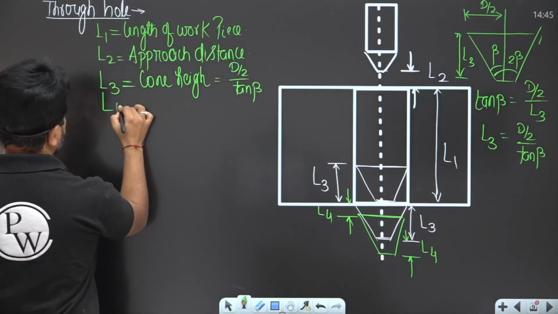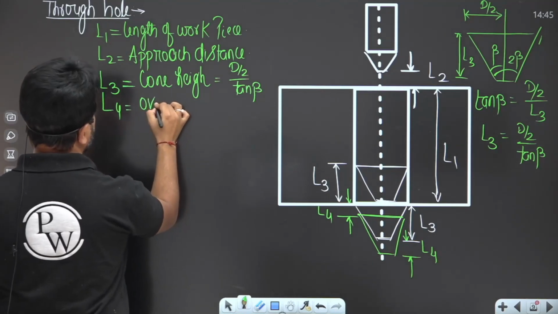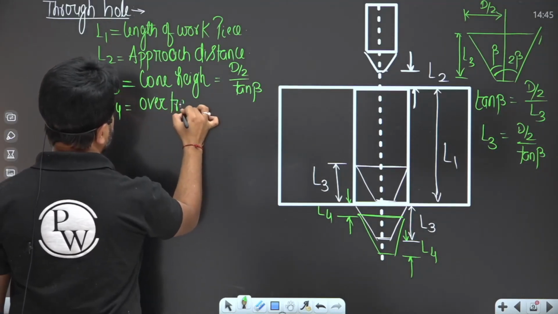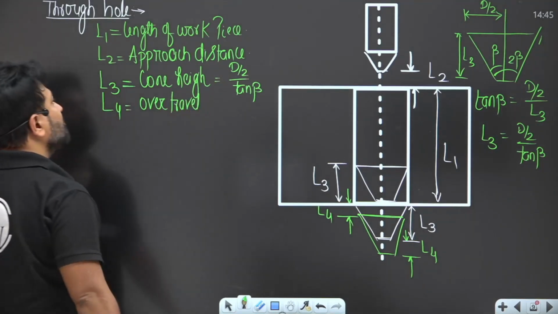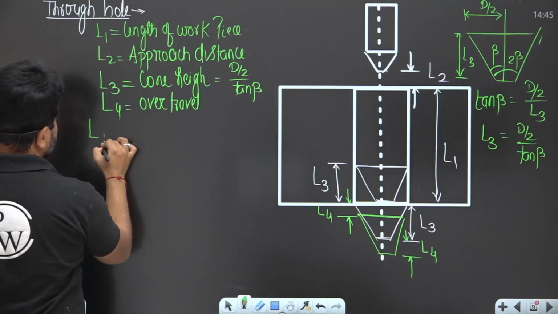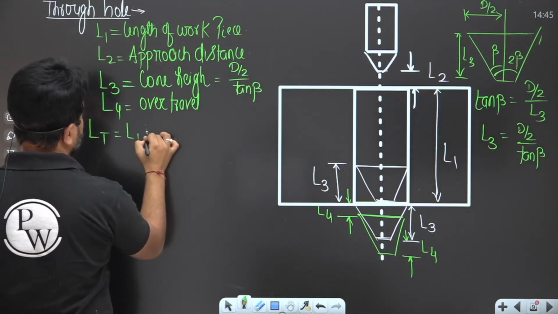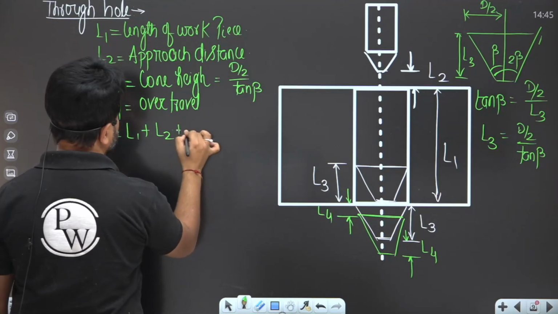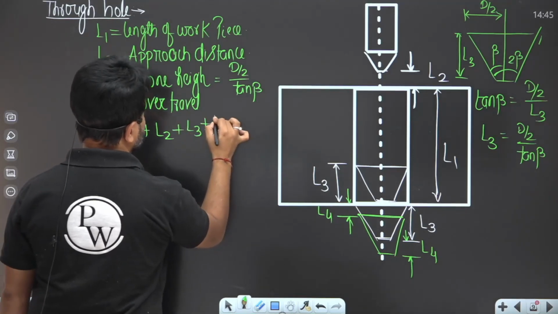Now L4 is the over travel distance. The total machining length is L1 plus L2 plus L3 plus L4.